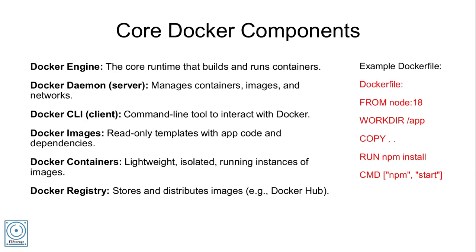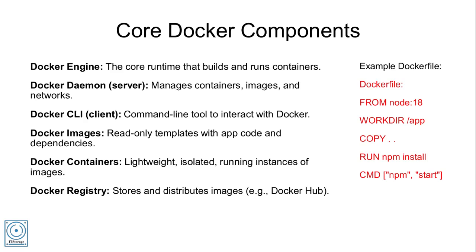You see an example here for a Node.js application specifying the base image, working directory, and commands to run. When we actually run an image, it becomes a Docker container. This is a living, breathing, isolated instance. Containers are incredibly lightweight because they share the host operating system's kernel, unlike virtual machines.